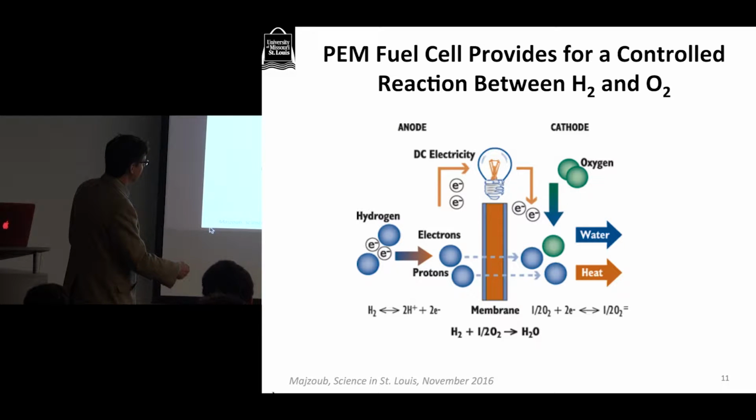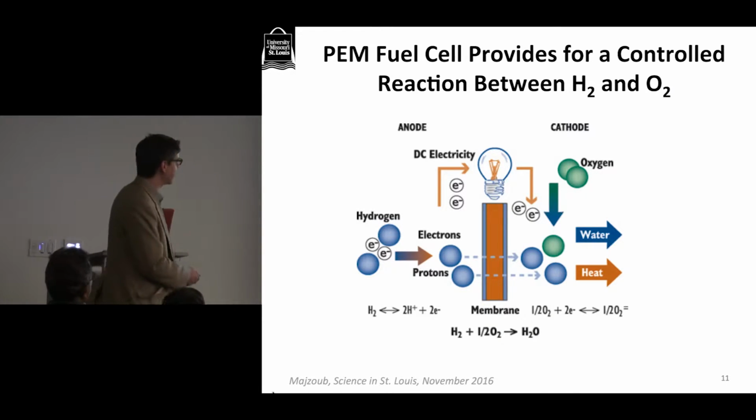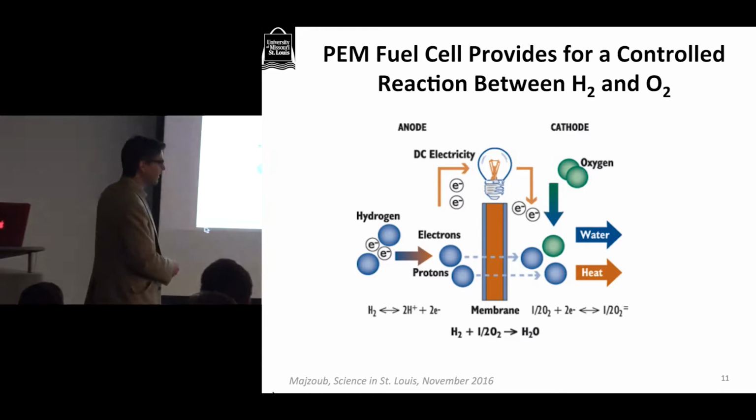On the other side of the membrane, we place oxygen. And oxygen also dissociates on the surface of the membrane. And when the protons migrate through to meet the oxygen, they'll start to react with it. But the electrons can't get across this membrane.